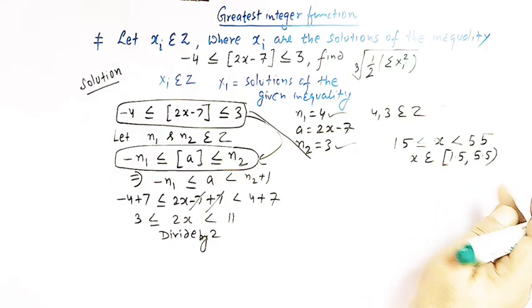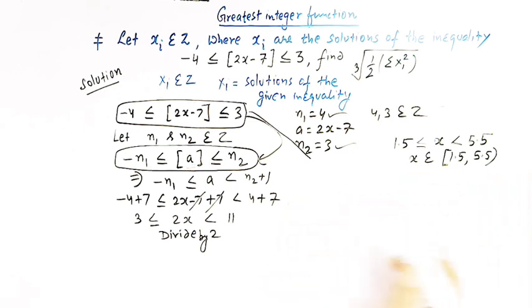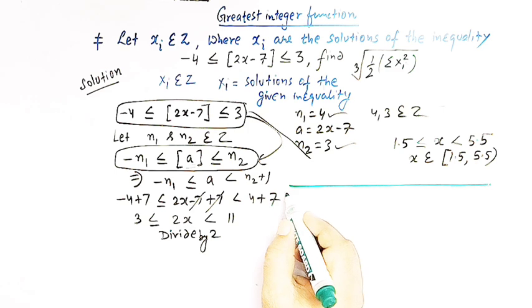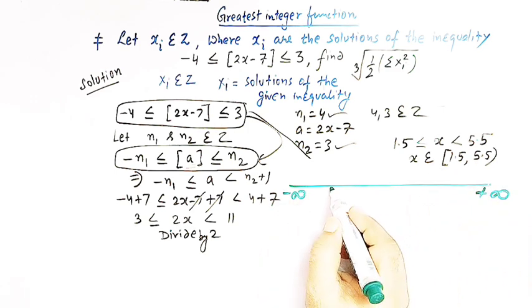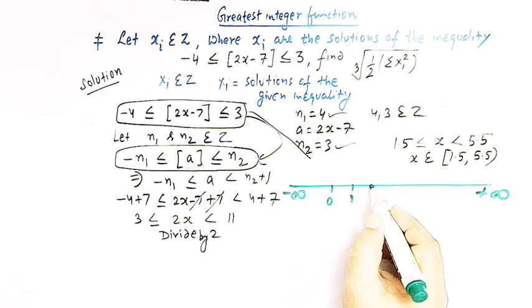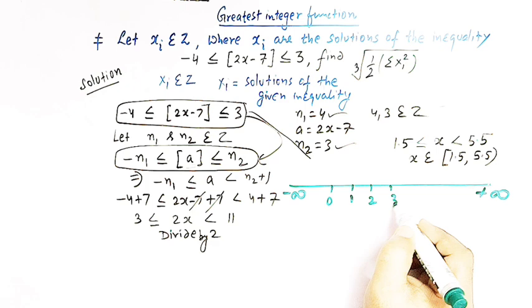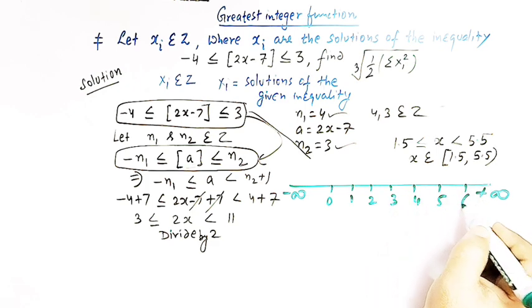So now let us represent this solution set on the real number line. So here we have minus infinity, here we have plus infinity, and here we have 0, then we have 1, then we have 2, 3, 4, 5, and then we have 6.